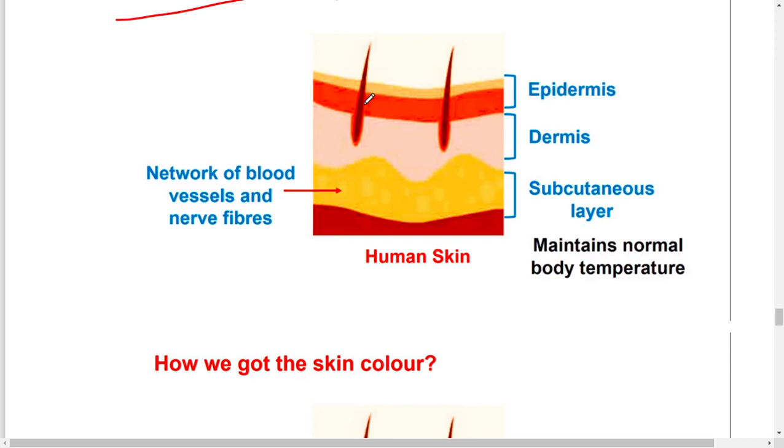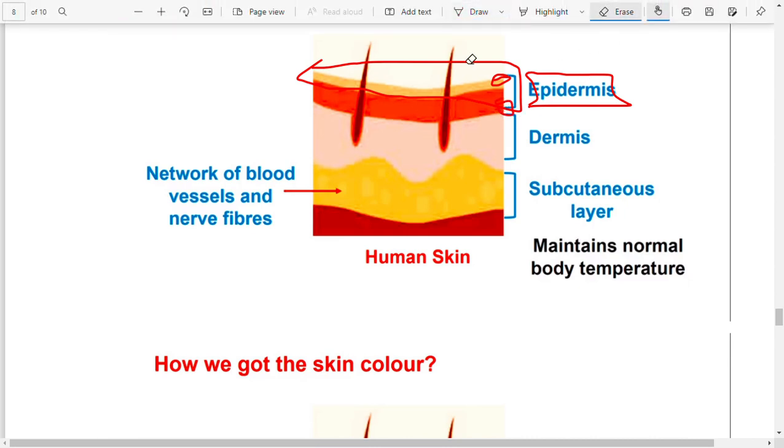The outermost layer, this layer, is called the epidermis. What is it called? Epidermis. See, from this part to this part we have the epidermis. So it is your outermost layer.